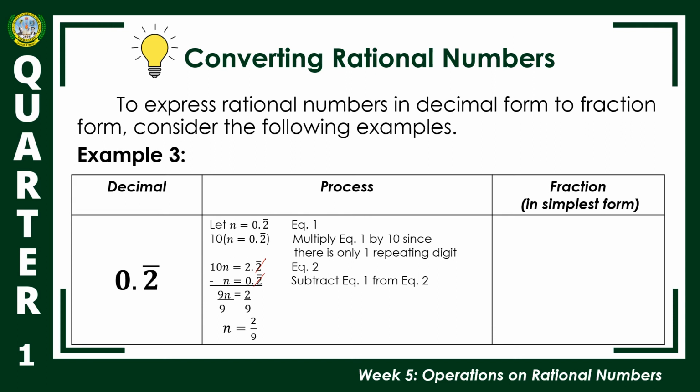Because 9 divided by 9 is equal to 1. So, makakancel na siya kasi magiging 1 or 1n. Okay? So, kung ano po yung katabi ni n, dun yung i-divide po yung both sides ha, ng equation. So, ito magiging 2 over 9. And, of course, since 2 is not divisible by 9, 2 over 9 na lang siya. Okay? So, our answer is 2 over 9.